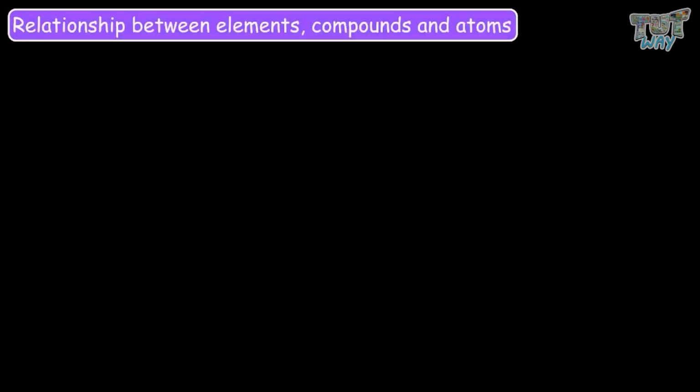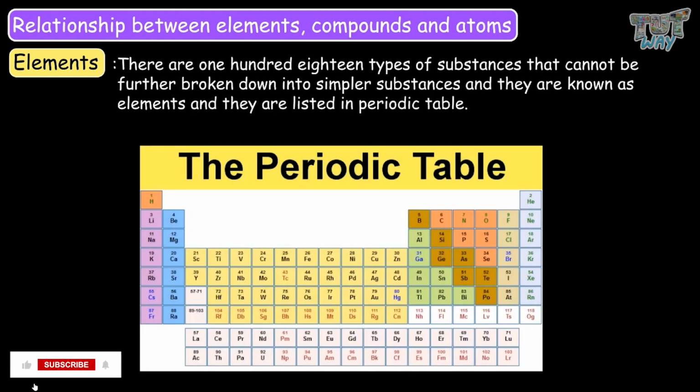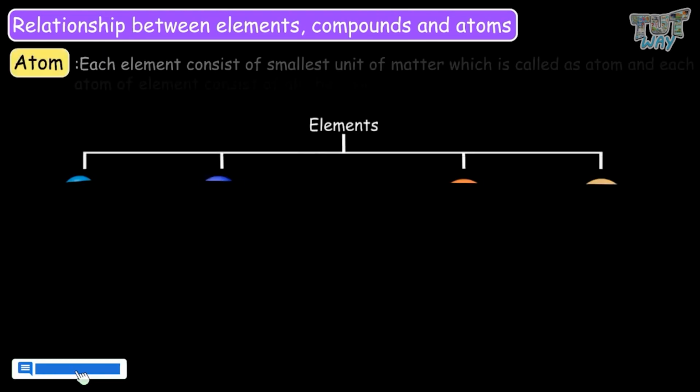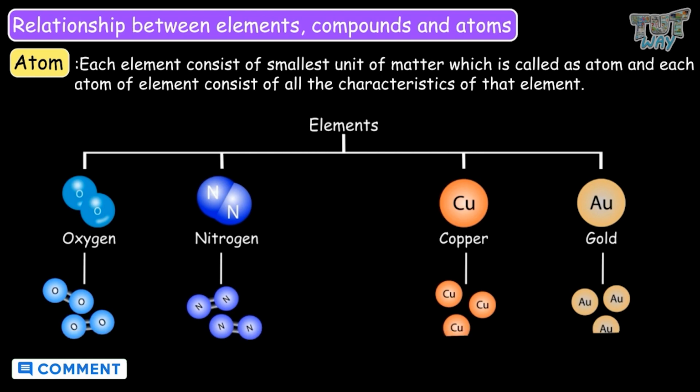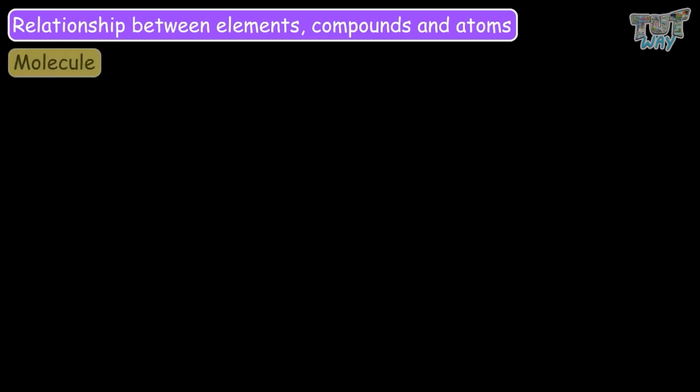Now let's learn the relationship between elements, compounds, and atoms. Elements. There are 118 types of substances that cannot be further broken down into simpler substances, and they are known as elements, and they are listed in the periodic table. Each element consists of the smallest unit of matter, which is called the atom, and each atom of an element has all the characteristics of that element.